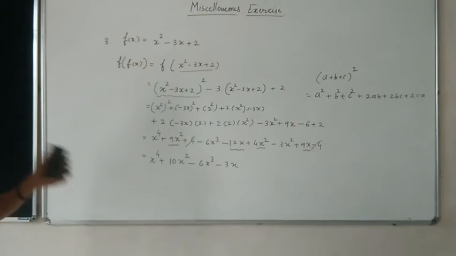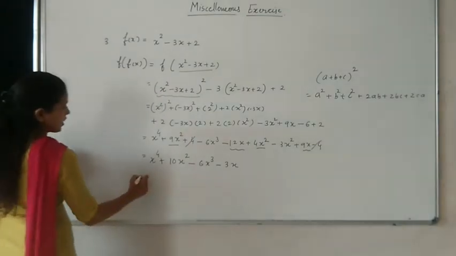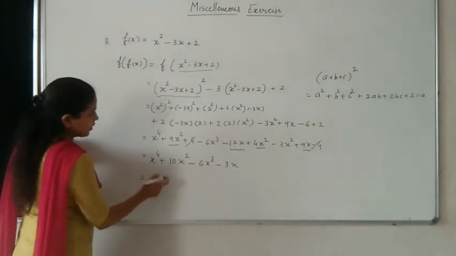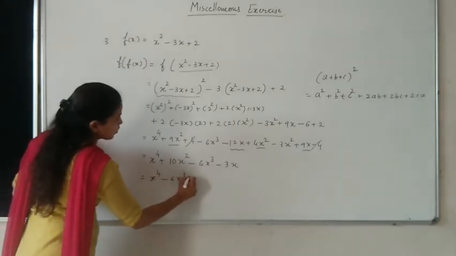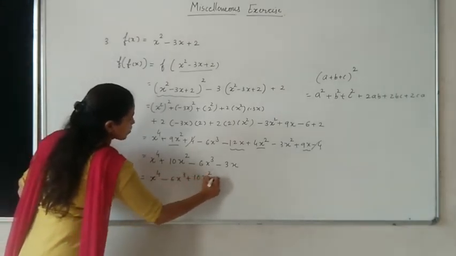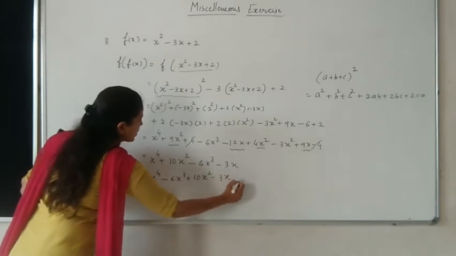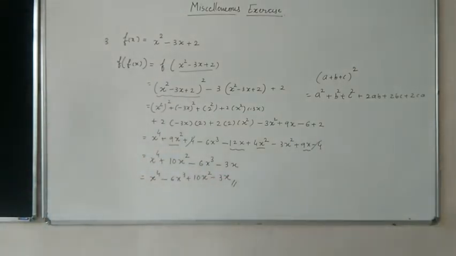Let me write it the proper way. So this is x raised to 4 minus 6x cube plus 10x square minus 3x. This is your answer to question number 3: x raised to 4 minus 6x cube plus 10x square minus 3x.